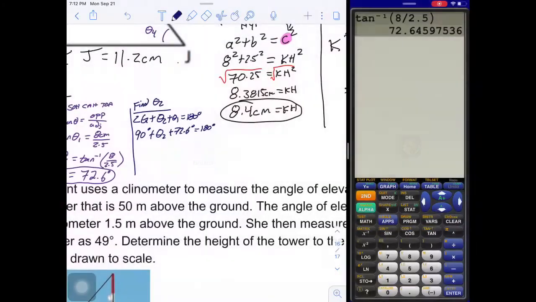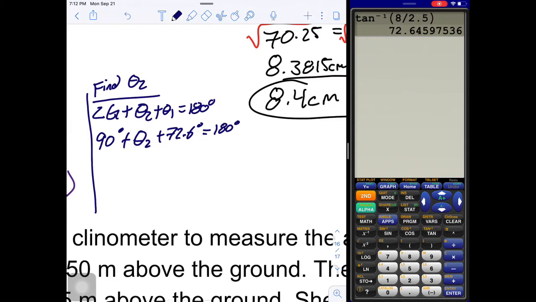So remember, when we want to reuse a value, you usually don't want to use the rounded value. You want to use this whole value. So to add 90 to this entire value, we're going to do 90 plus, and we're going to press second, answer. And remember, answer is what you found last in your calculator.